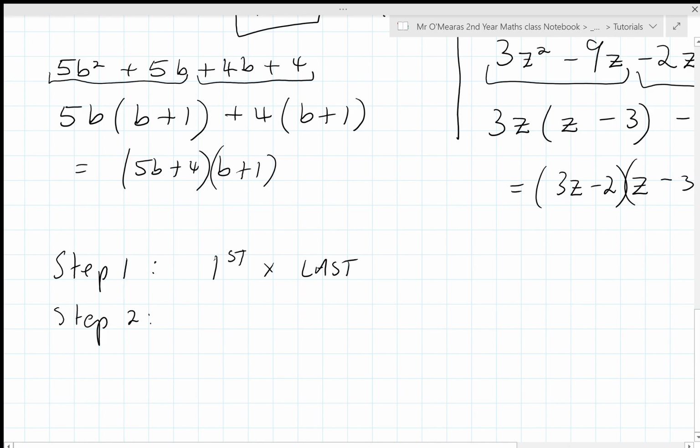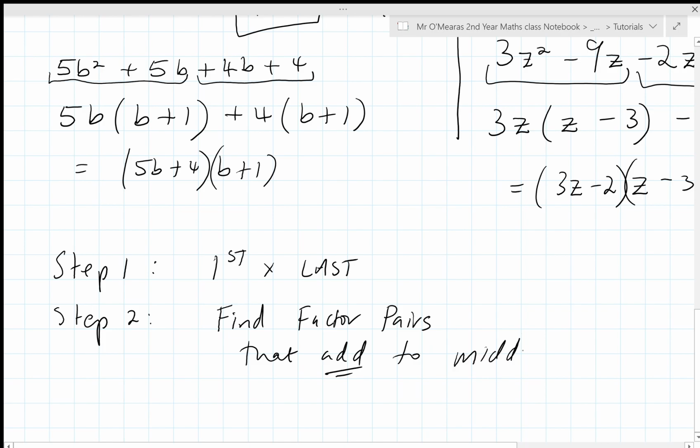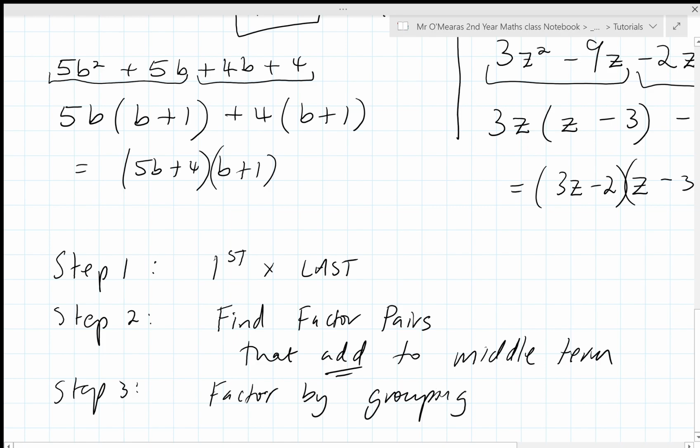Step 2, find factor pairs that add to the middle term. Step 3, factor by grouping. And that will give you your answer.